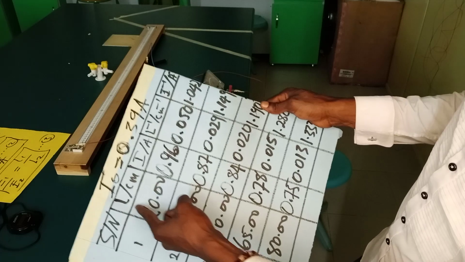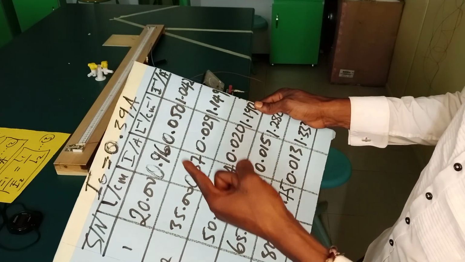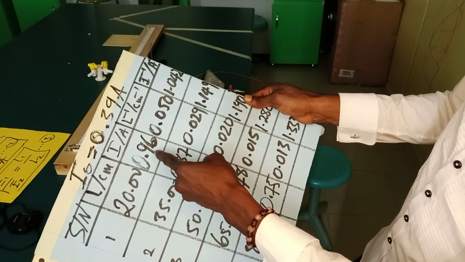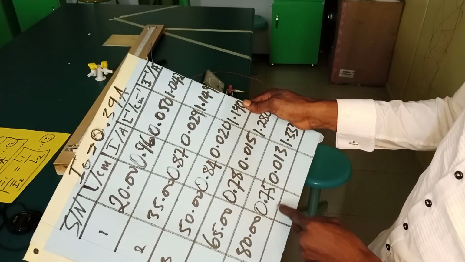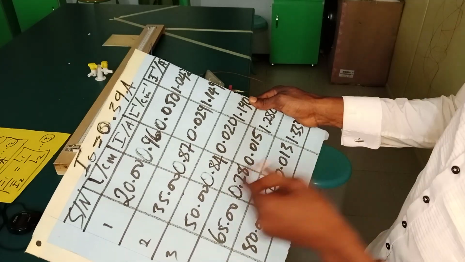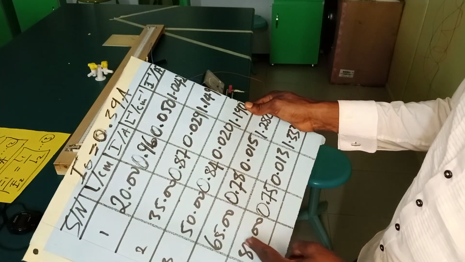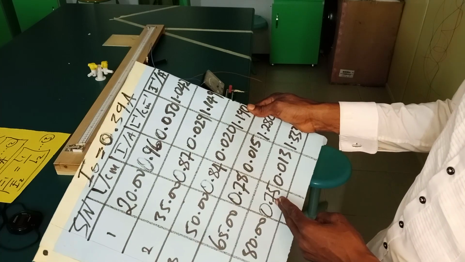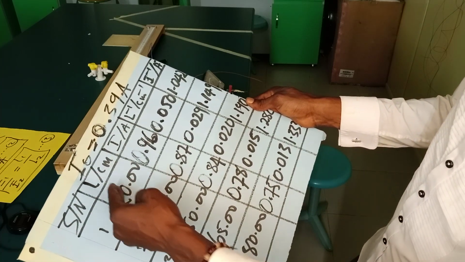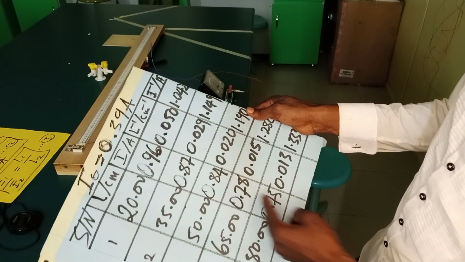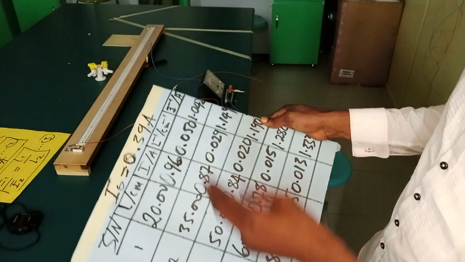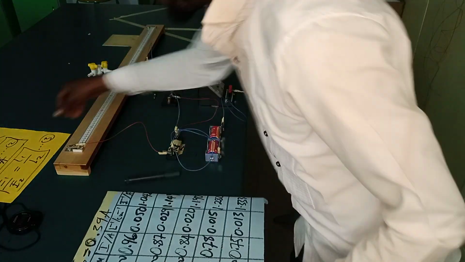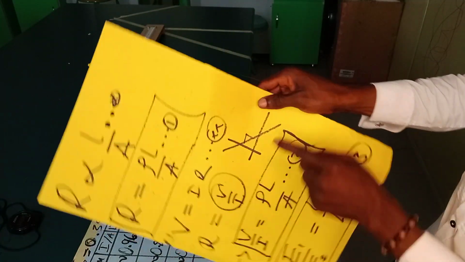As the value of L is increasing down, the value of I is decreasing down. 0.96 is greater than 0.75. So the graph of L against this, increase, decrease, or decrease, increase. The graph of this against this, or this against this, will look like this.